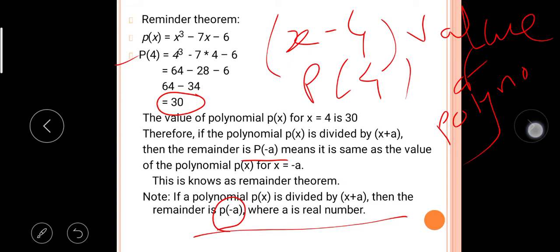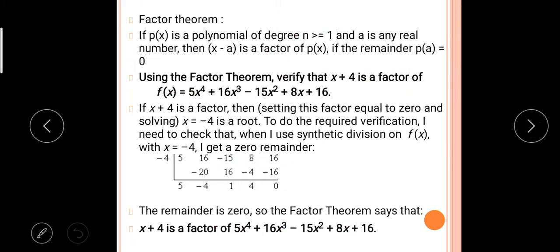Now, the second one is the factor theorem. This is also very important and simple.